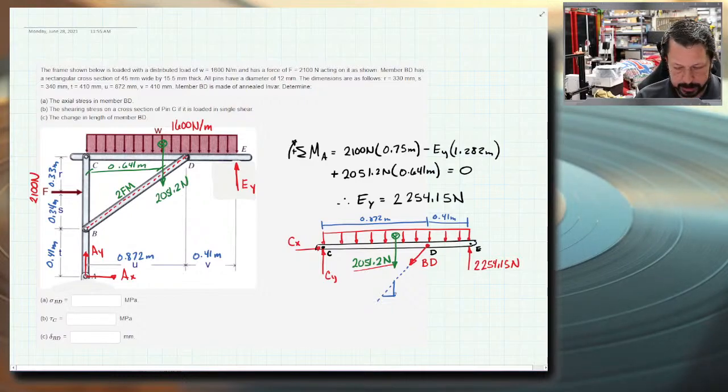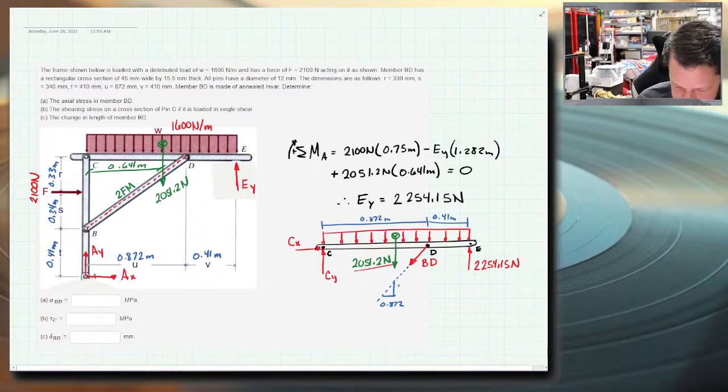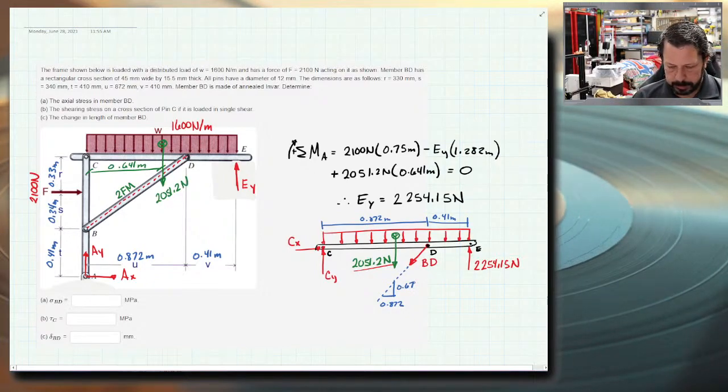The run is 0.872. The rise is 0.67. And then we can get our hypotenuse, 0.67 squared plus 0.872 squared. Square root of that is 1. I'm just going to call it 1.1. It's actually 0.997, but that would round to 1.1, we'll say.